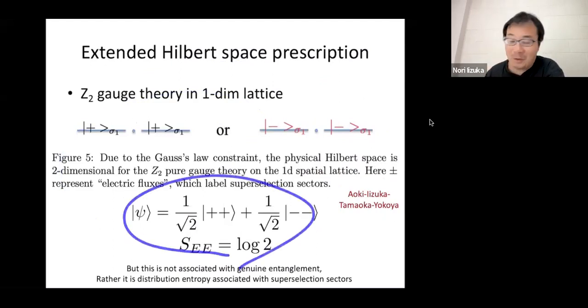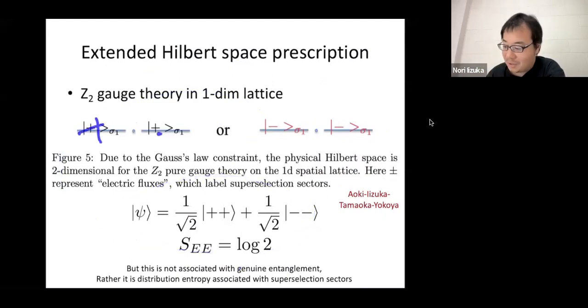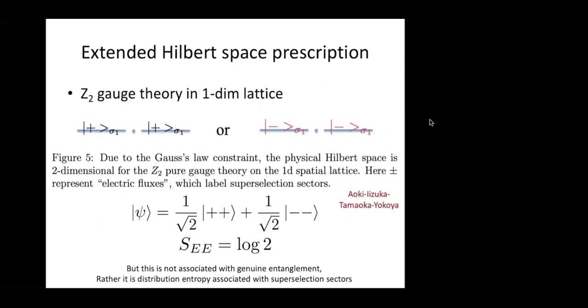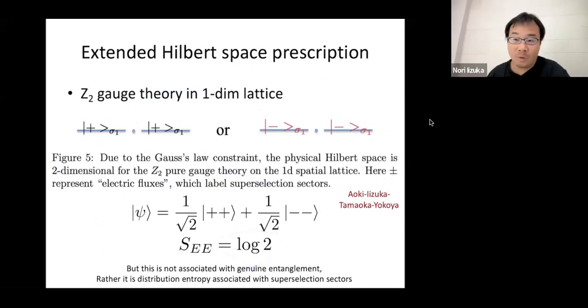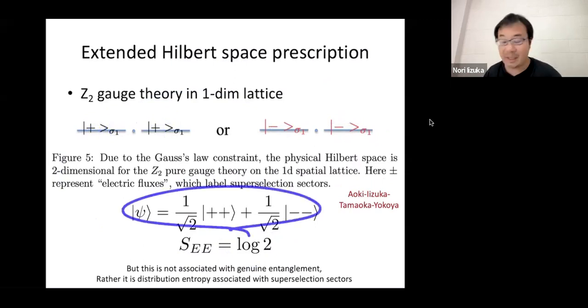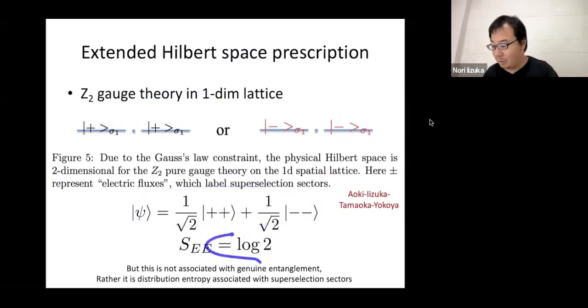In this case, due to the Gauss law, you don't have the plus minus state at all. Is that right? Yeah. So in order to obtain log 2, you assume your Hilbert space contains plus plus, minus minus, and plus minus and minus plus. Then this is the entangled spin pair, and then you obtain log 2. But in our Hilbert space, we don't have such a plus minus state. So that gives a difference.